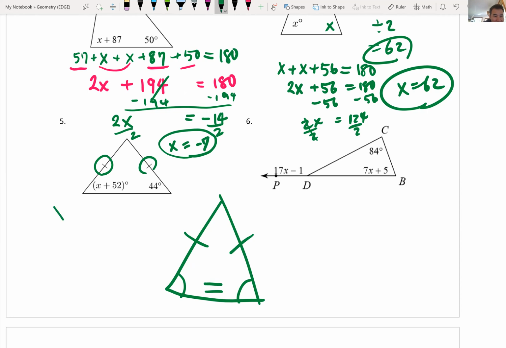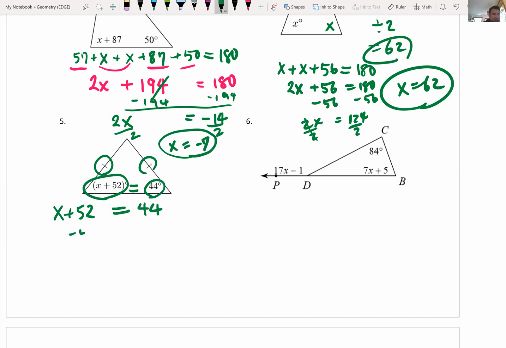That means x plus 52 should be equal to, see, those 2 bottom angles are equal. So x plus 52 equals 44. Does that make sense?